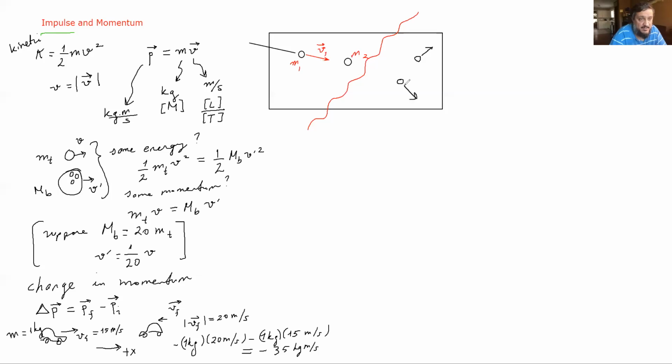This happens all the time when you play pool, right? Let's call this V1, but to denote that it is after the collision, let's put a prime here, V1 prime. Similarly, this will be V2 prime. Okay, initially V2 was 0 because it was stationary, it was at rest. This is before the collision. This is after the collision.